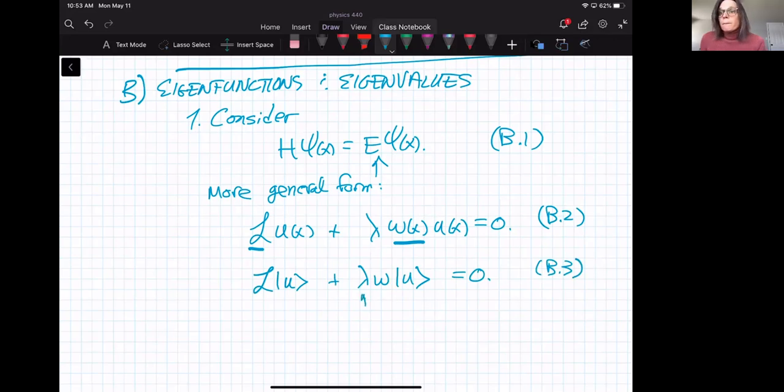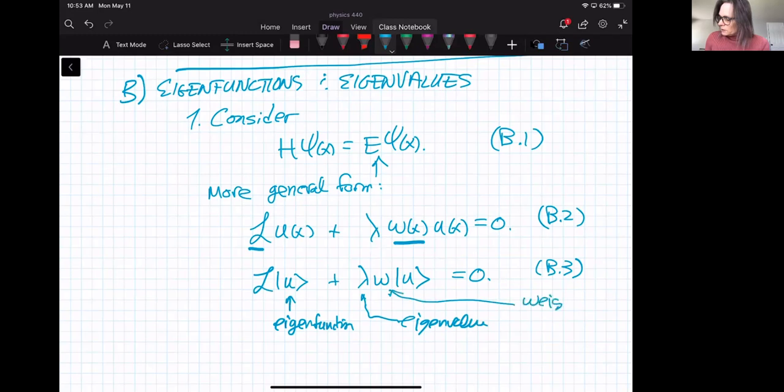Well, what's lambda? Eigenvalue. It's your eigenvalue. u is obviously our eigenfunction or eigenvector, if you like. This is our eigenvalue. And W is our weight function.